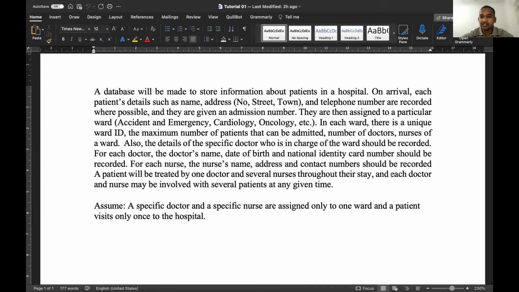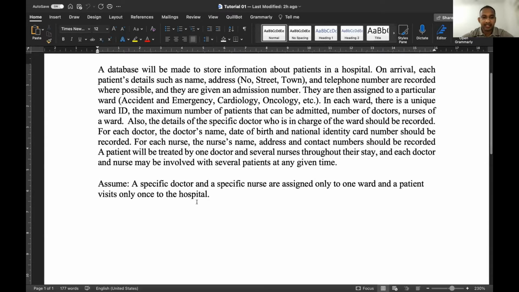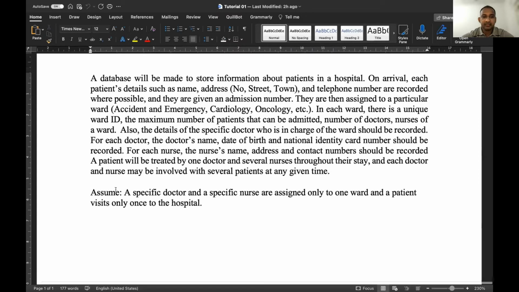And each doctor and nurse may be involved with several patients at any given time. As well, there is an assumption available. What is that assumption? A specific doctor and a specific nurse are assigned only to one ward, and a patient visits only once to the hospital.